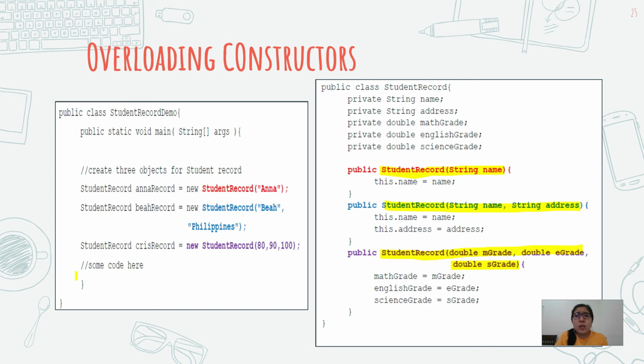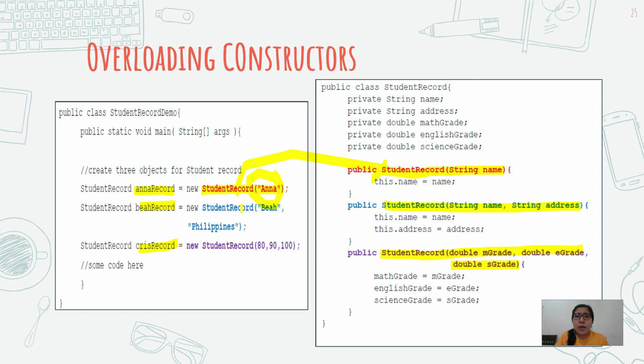So, kung magkakaroon ng declaring an instance of the class using different objects. So, for instance, we have here Anna record, Bea record, and Chris record. I-identify na nung main class kung saan siya belong. So, in this example, we have student record Anna. It has only 1 string value. So, ang nire-refer na niya is ito. Because it has a string value.